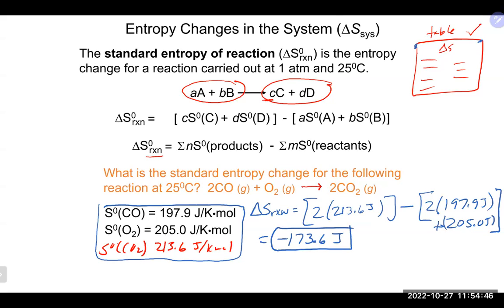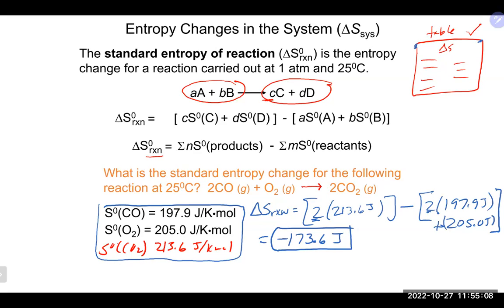First off, any question on the calculation there? The key here is you have to make sure you take those coefficients and multiply them through. Now, does this tell us if this reaction is spontaneous or non-spontaneous? The answer is no, because this is just the delta S of the system.